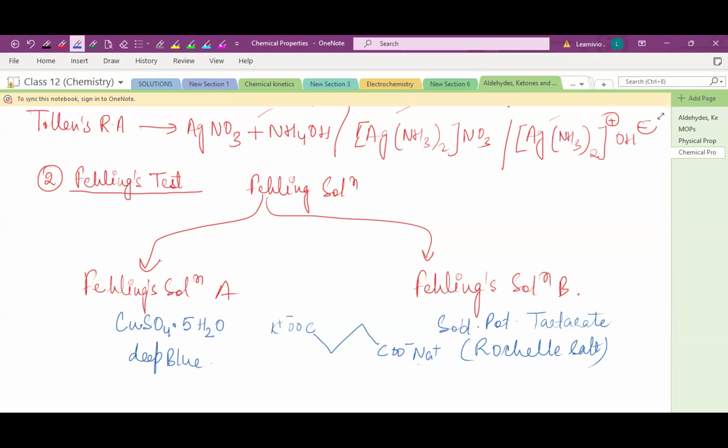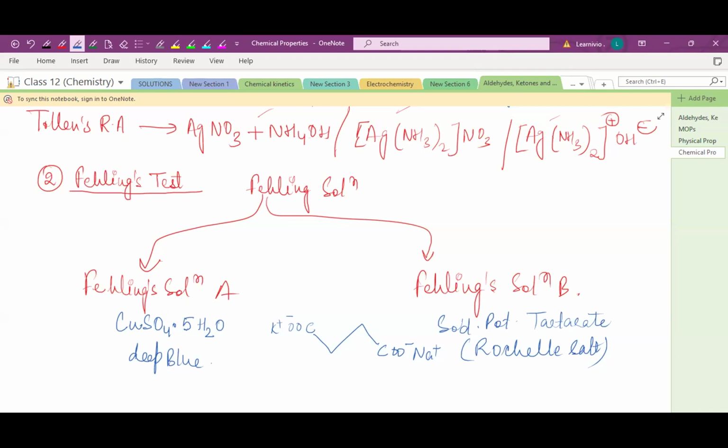So always remember why we can't use these two together. You must have noticed that in your lab, the lab mates keep these solutions separate, Fehling solution A and Fehling solution B. You must use them together just before performing the test.